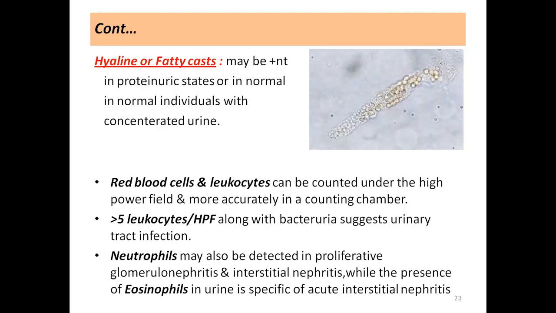So we come to know that by observing different substances microscopically, like RBC is present, or more than 5 leukocytes are present in high power field microscopy, or if eosinophil is present, then what can be the influences?